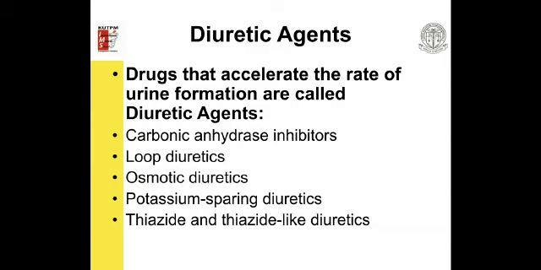Increased water intake increases urine output due to reduced secretion of antidiuretic hormone, and this is water diuresis. The substances which increase urine output by modifying the function of the nephron are the diuretics.